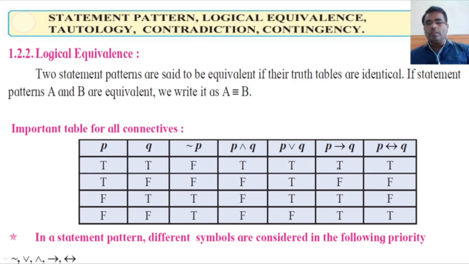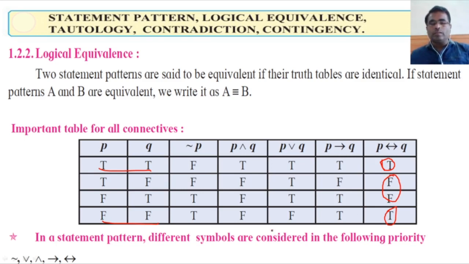Then for implication, if the first statement is true and the second statement is false, then only the resultant is false, otherwise it is true. And in case of double implication, if both the statements are true or both are false, then only the resultant is true. That is, for equal values of statements we get true, and for non-equal values of P and Q, we get false values.